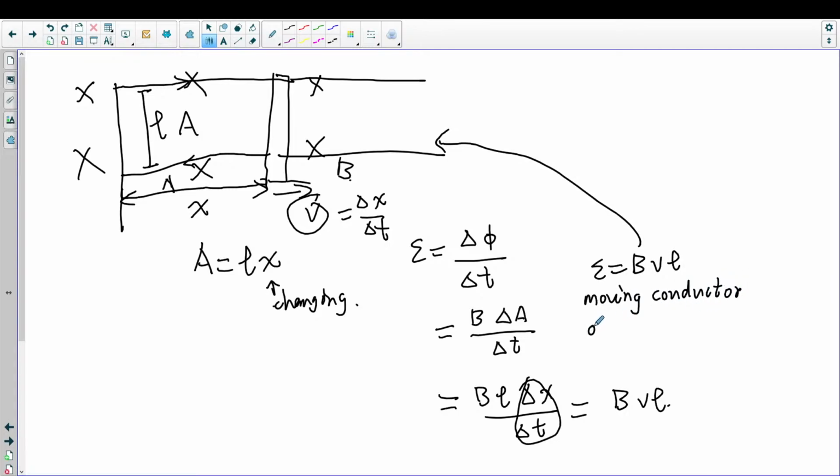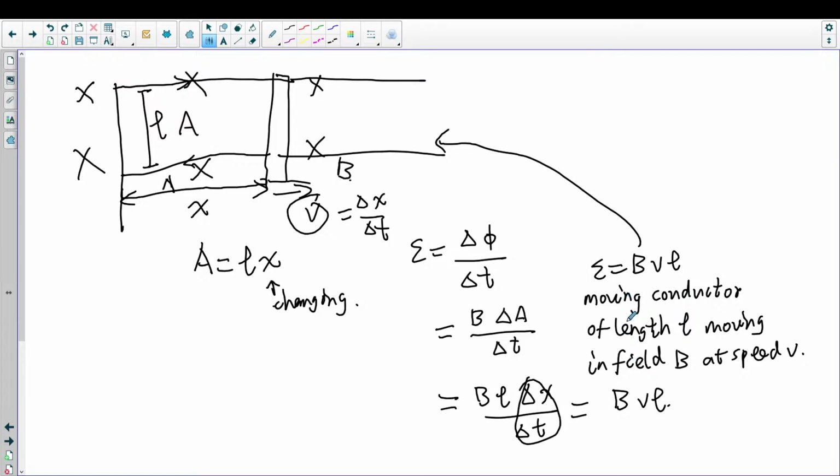for a moving conductor of length L moving in field B at speed v. That would be the formula for a moving conductor.